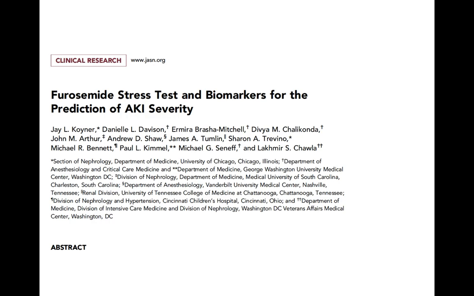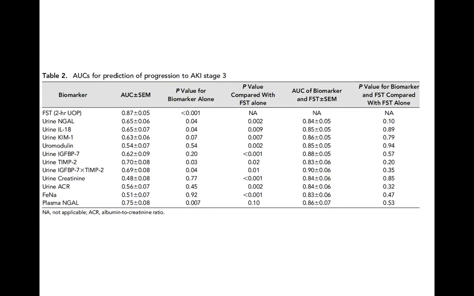And what I had imagined we would do is we would use the biomarker in combination with the FST to get maximal performance. And I still think that's the way we ought to do this. And I'll show you some more data as the talk goes on about how I still think that's the right way to go. But in order to do a scientific apples-to-apples assessment, we measured the usual well-established AKI biomarkers.